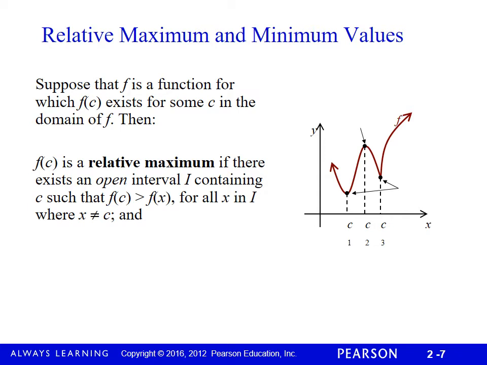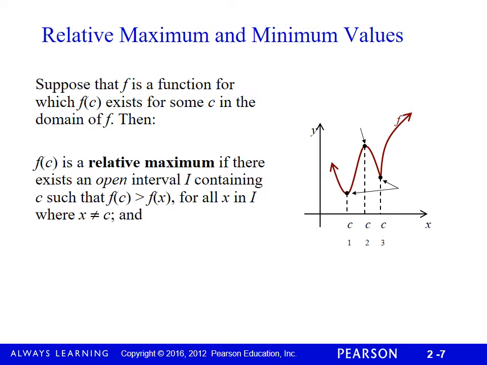Okay, now what does this mean? Now we're talking about relative, so it's very intuitive to see this, that I have two relative minimums. And you might think of a relative minimum as a valley. You see one here at c1, and you see one here at c3, okay?